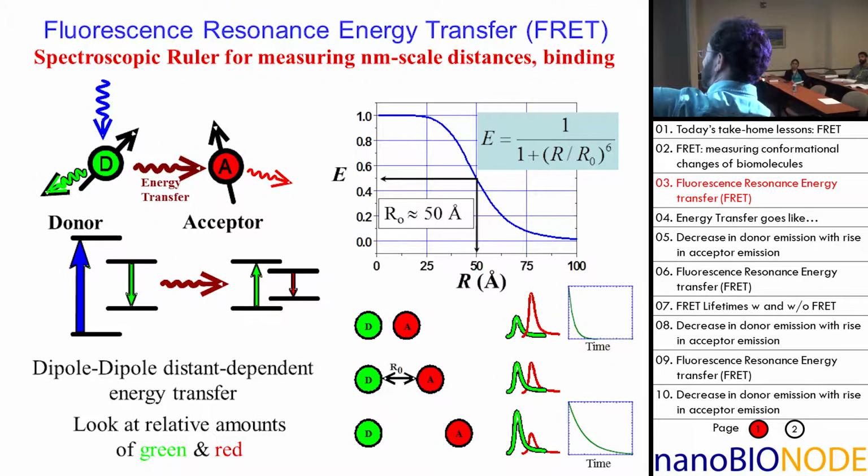Of course, when it gets down to here, that's some higher vibrational state of the ground state, and so it very rapidly loses energy. So why does the energy transfer just go until the point of the green light and not the whole energy that it has? Well, in fact, there's a bunch of states.